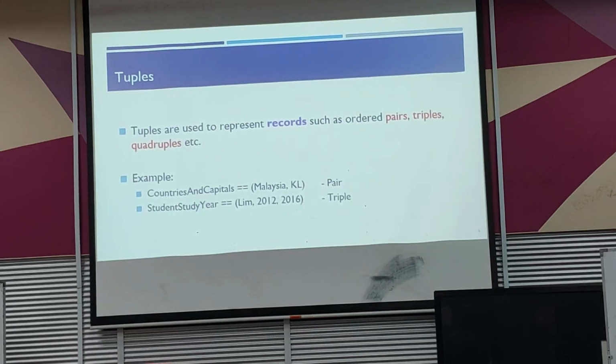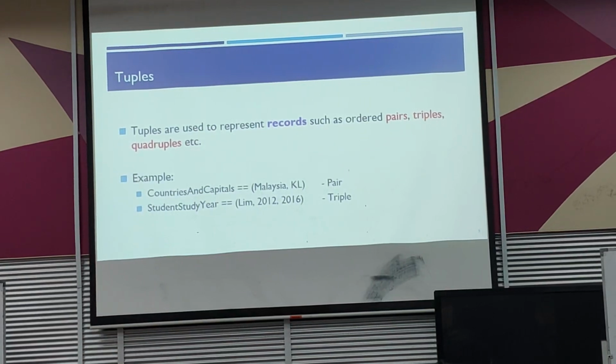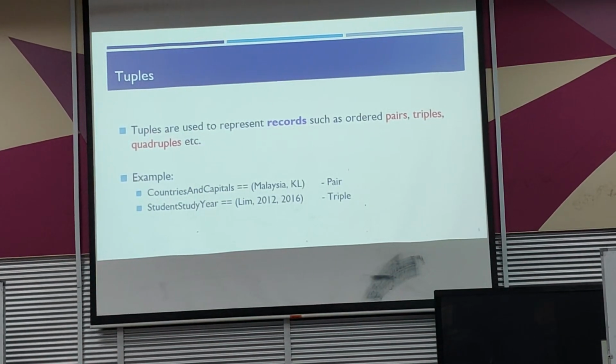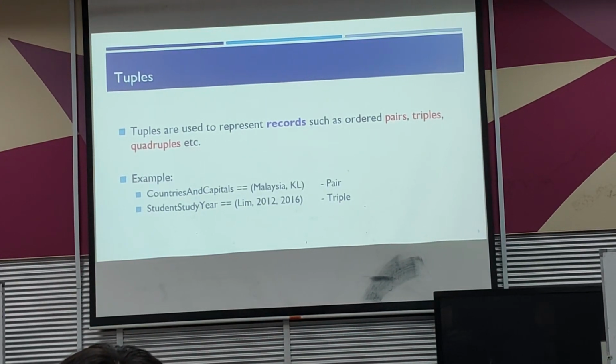If it is a pair, it's a combination of 2 already, so you don't retrieve one by one. If it is quadruple, the data inside there is actually 4 already, and so on. So the record consists of 2, 3, 4, 5, it's up to how you want to show inside your Z schema.